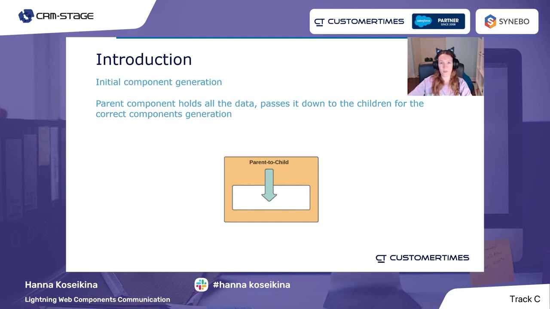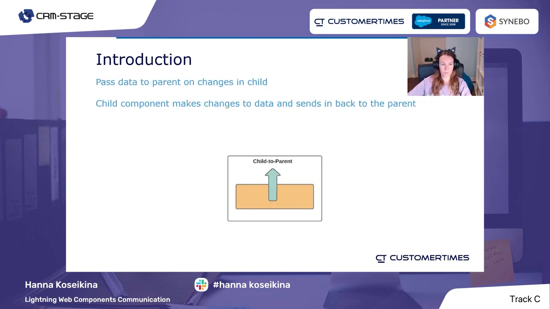For example, if parent component is some web form and child component is some input field, and we want to pass the data, for example, if it is some lookup field, we are passing information from the parent for what object this lookup will be, and should, for example, this input field be enabled, or should it be for some reason disabled. And as the parent component holds all this data, it should pass it to the child component.